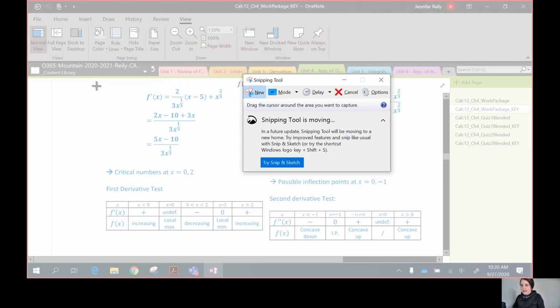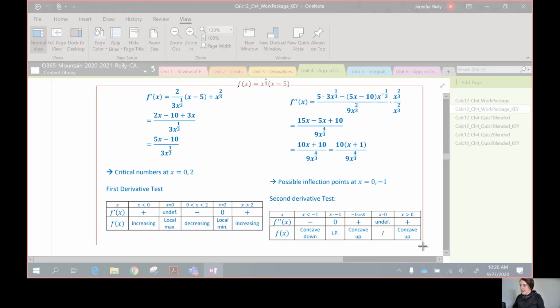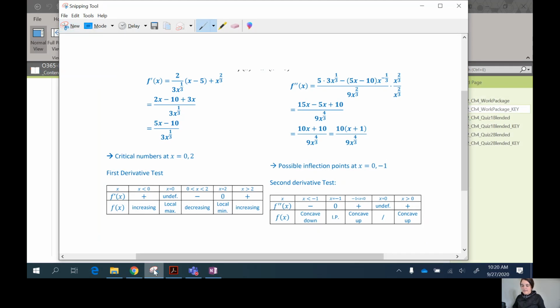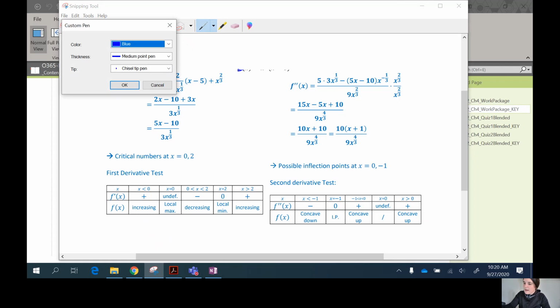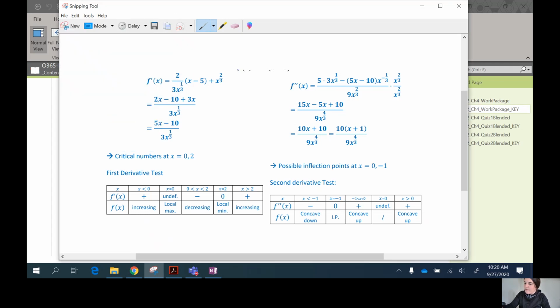Oh, if you guys don't know about the snipping tool, by the way, you should definitely use it. It's just an application, I guess, that's built into Windows. And it lets you take little snips. But the other cool thing you can do is, if you snip a piece of writing that you didn't mean to, you can just white it out with a pen.